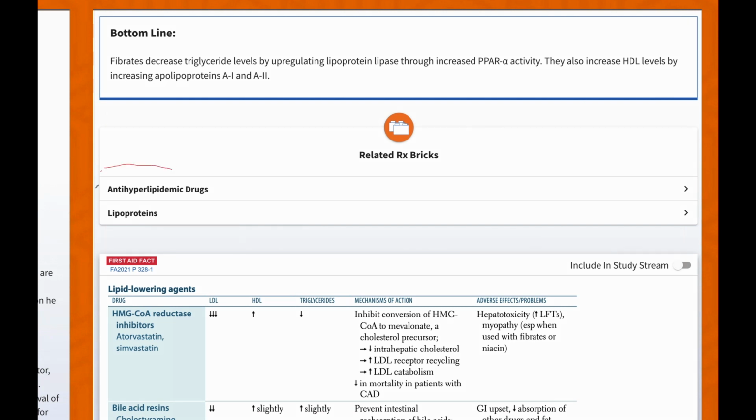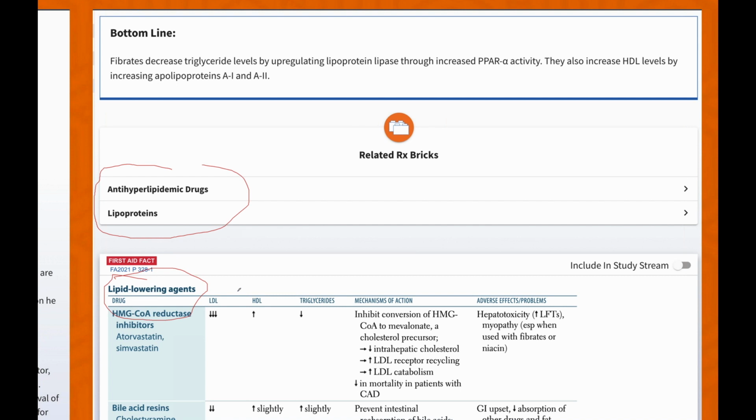So in this particular case, anti-hyperlipidemic drugs and the lipoproteins. So you can review all the foundational stuff. If you want the linkage to what's high yield, then you can also see the linkage to First Aid as well. So a deeper set of references and resources that's contextualized based on the question and how you're answering it.